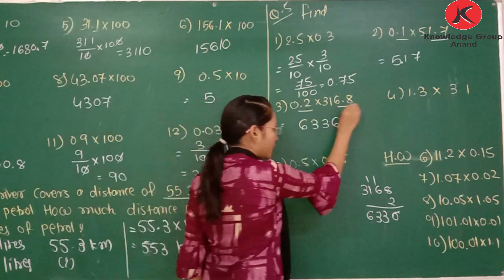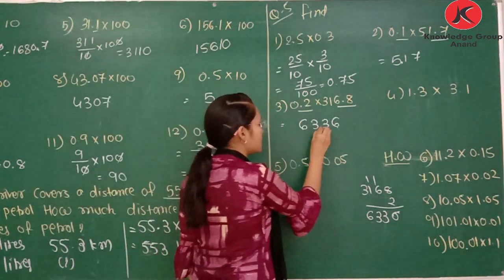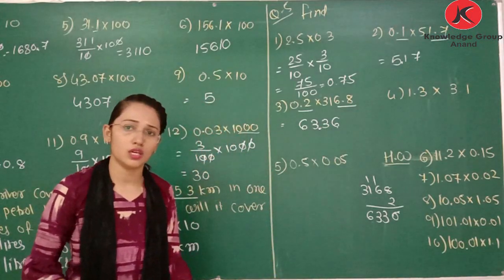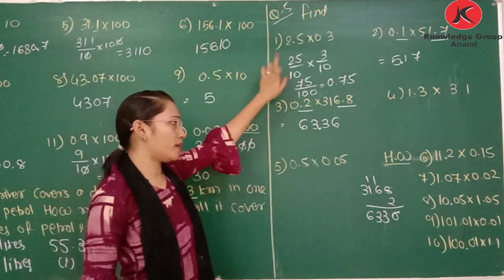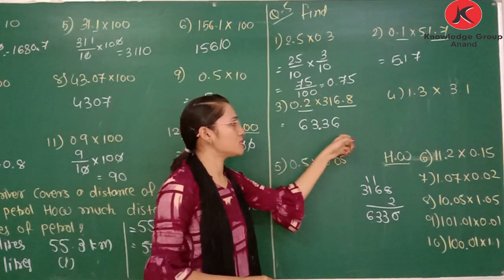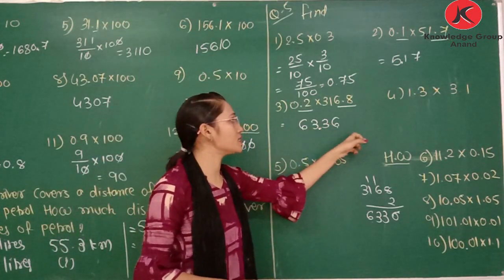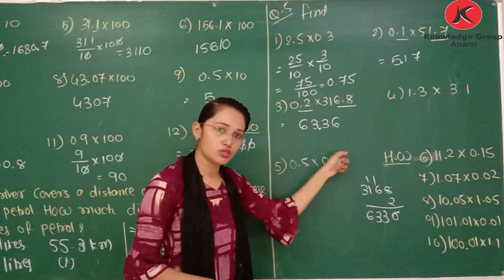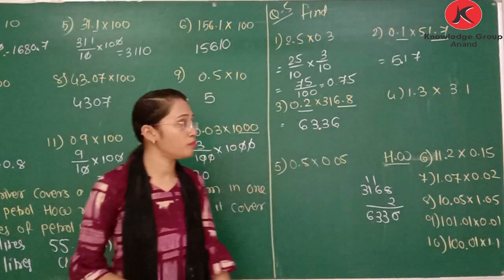Here 1 and here 1. So total 2 means it is 63.36. If you do it with the method above, that also works. 2 divided by 10, 3168 divided by 10. So total 100 means 2 digits after the decimal point.